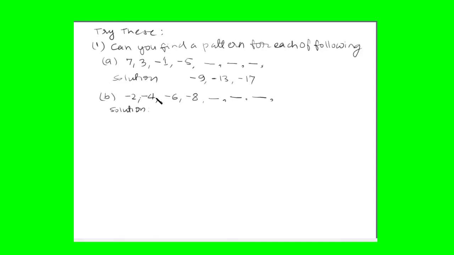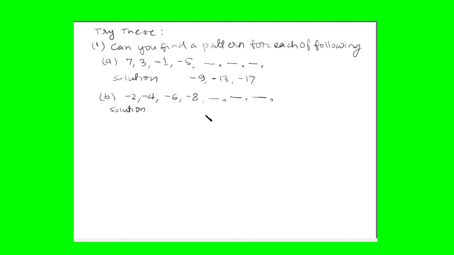Then between -6 and -4 there is again a difference of -2, so when we add -2 to -4, we get -6. Similarly, the difference between -6 and -8 is -2, so adding -2 to -6, we get -8.